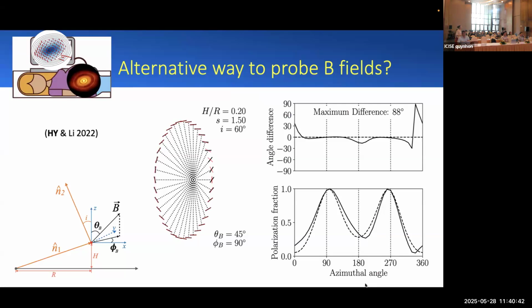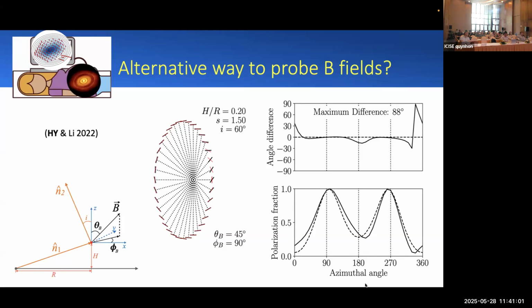And at this wavelength, we are working with micron size grains. And also, because it's 3 to 4 scale heights above the disk midplane, the gas density is reduced by a factor of 10 or larger. So it's possible that grains in the disk atmosphere are aligned with the magnetic field.